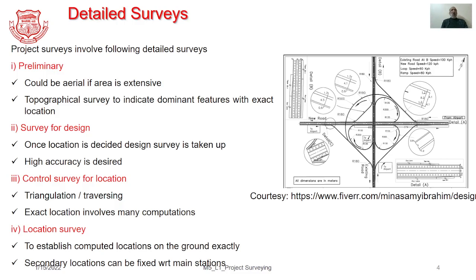So in view of a design, there are some specific requirements. Say for example, during the preliminary works, some location could have been decided.